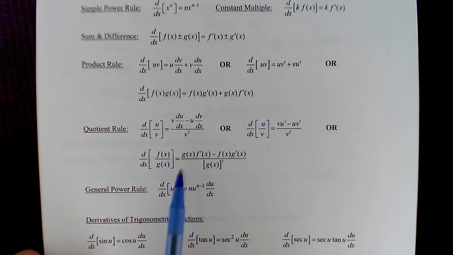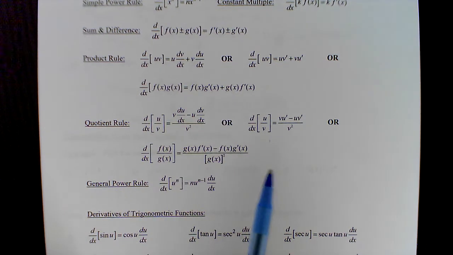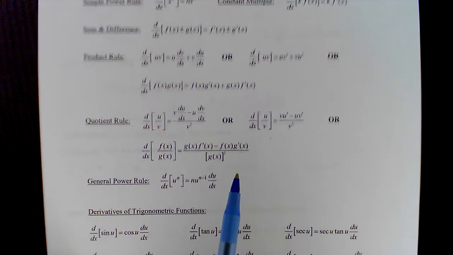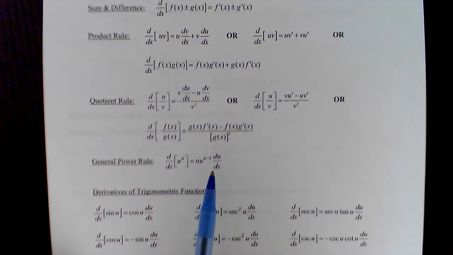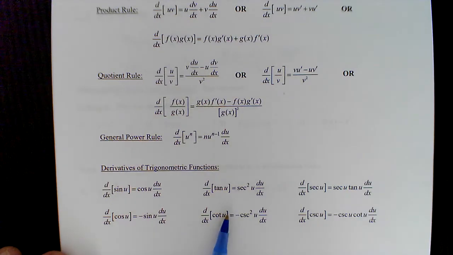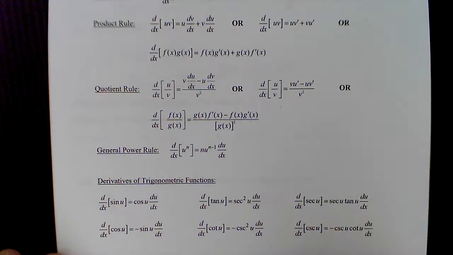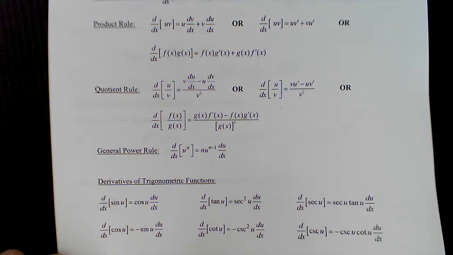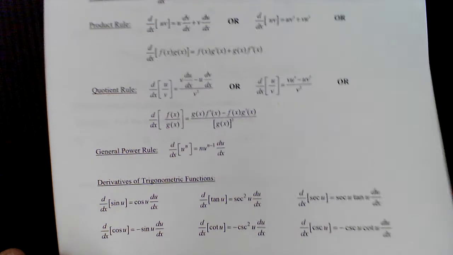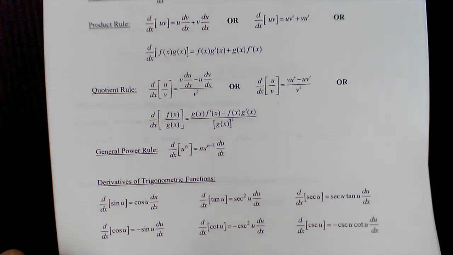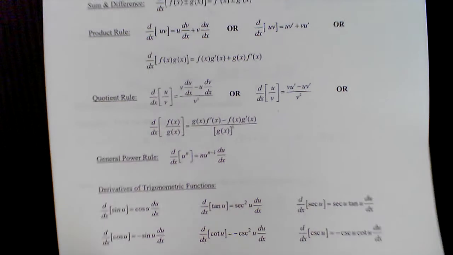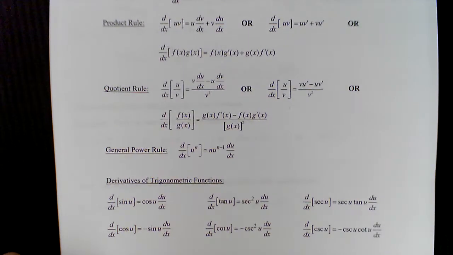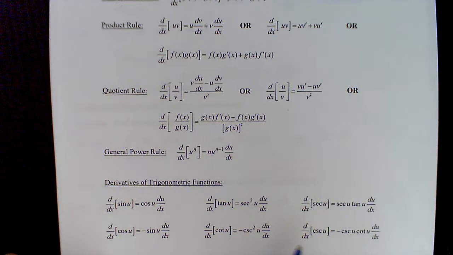I gave both versions. And then we get down to the trigonometric functions. These are what I call the chain rule versions. So we'll be reviewing these rules now. And again, I would suggest you print this sheet, or at the very least realize that these are common knowledge. So these are formulas you should know. So definitely practice derivatives of the trig functions if you haven't memorized them already.